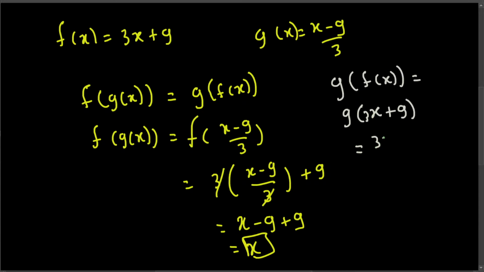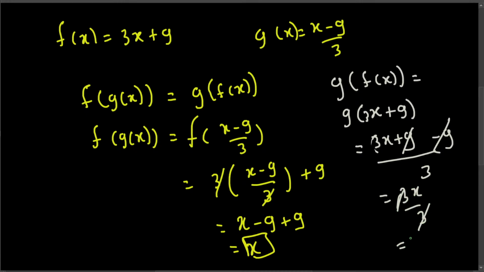So this is going to be 3x plus 9 in the bracket, then minus 9, and then over 3. Since this is just a subtraction, we don't need the bracket. So plus 9 minus 9 cancels, and we are ending up with 3x over 3. The 3s cancel, we are getting x.